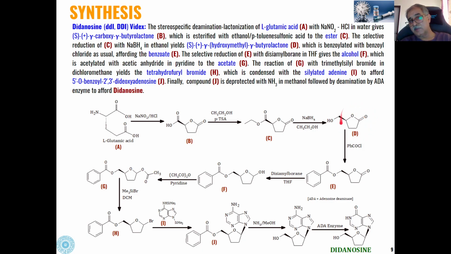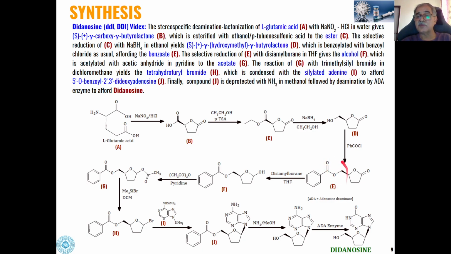This is basically the starting material for many other antiviral compounds, which you will see in the subsequent slides also. Now, this S-gamma-hydroxymethyl-gamma-butyrolactone on reaction with benzoyl chloride undergoes benzoylation, and the benzoyl ester will be formed.